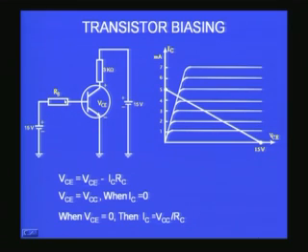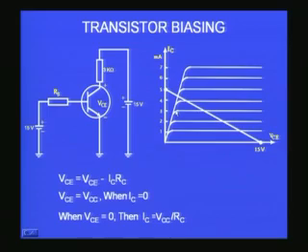If I do not give any base current, there is no collector current, so I will be at this point, VCC. If I give large current, then I will be at this point. In general, for different base currents, I will find myself somewhere along this line, and therefore, this gives me the different operating points that I can choose for my transistor amplifier with this specific value of VCC and RC.